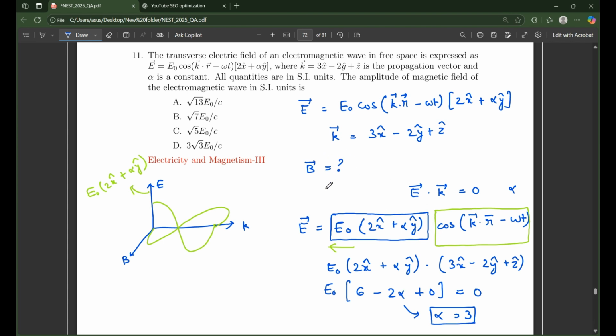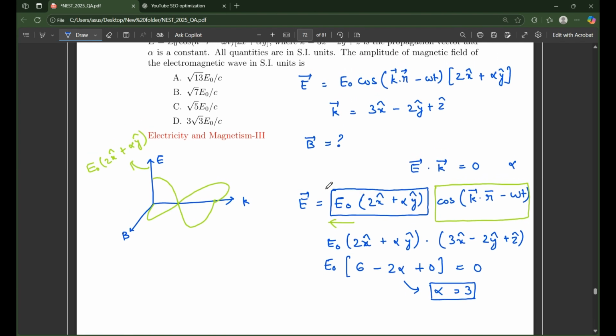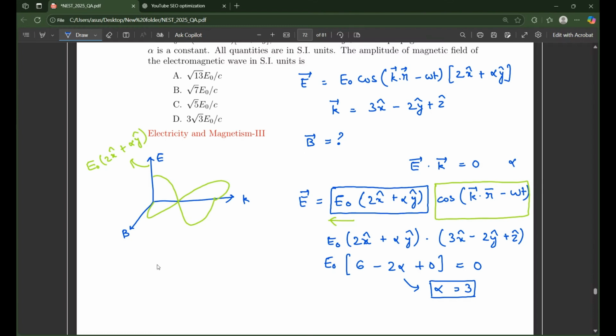Now we just have to find the magnetic field. For the magnetic field, B is equal to E by C. From that, we have to calculate the magnitude of E. For calculating the magnitude of E, we know that C is a constant, and E is a vector.